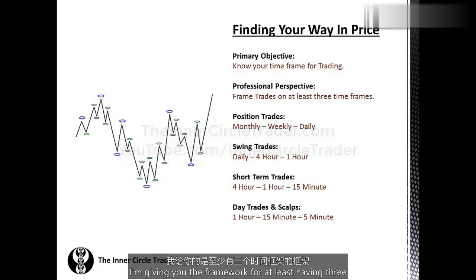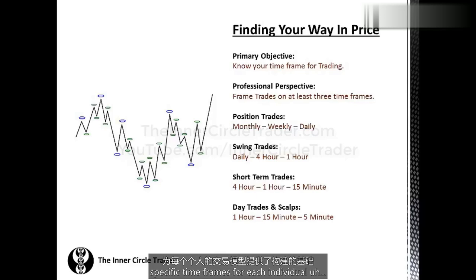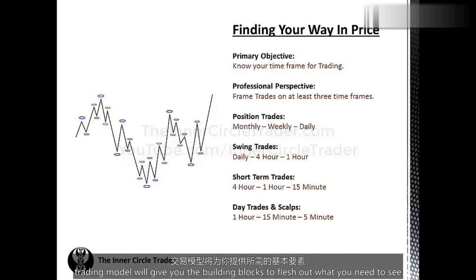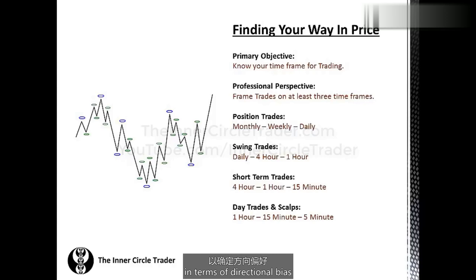Okay, I'm giving you the framework for at least having 3 time frames across the spectrum of your trading, and how you break down market structure over these 3 specific time frames for each individual trading model will give you, again, the building blocks to flesh out what you need to see in terms of directional bias.